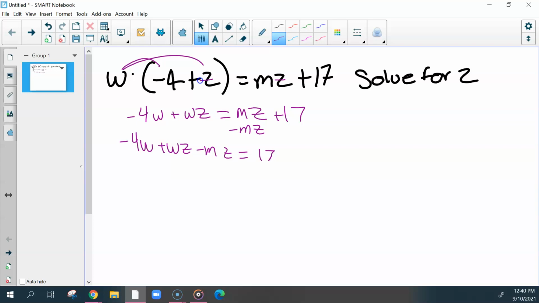And then move the negative 4W over. I'm moving that 4W over because it has nothing to do with the Z's. I don't need it.